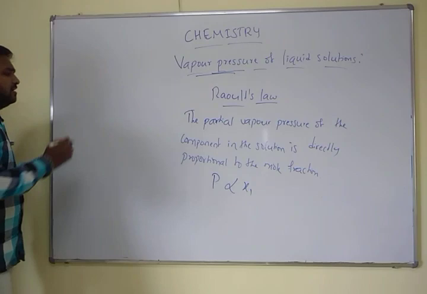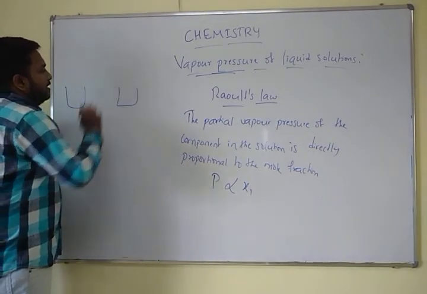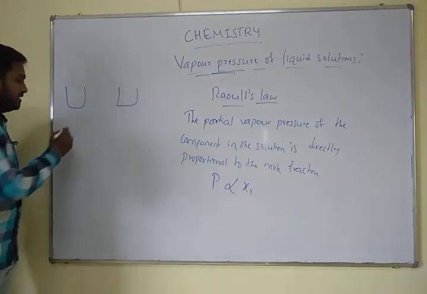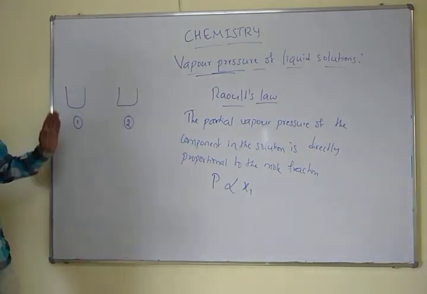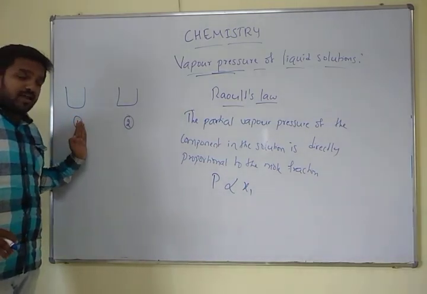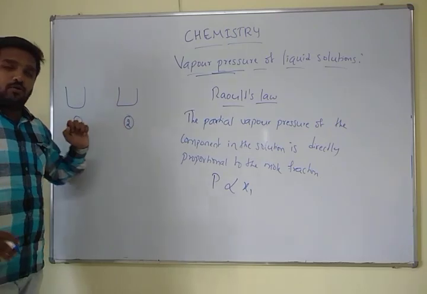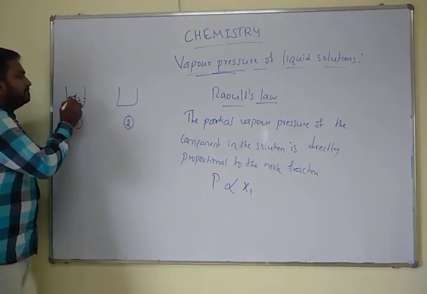Now let us see. Let us have two components. One is component 1 and one more is component 2. One is considered as solvent. For example, we have taken component 1 as solvent and component 2 as the solute. Clear? So we have a liquid here.